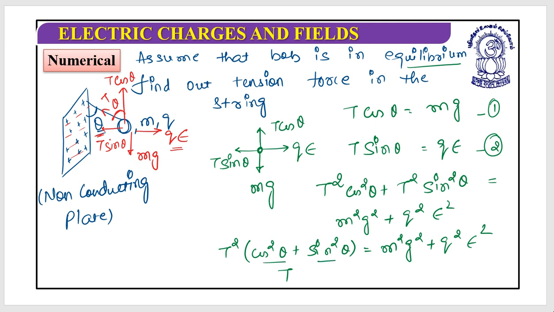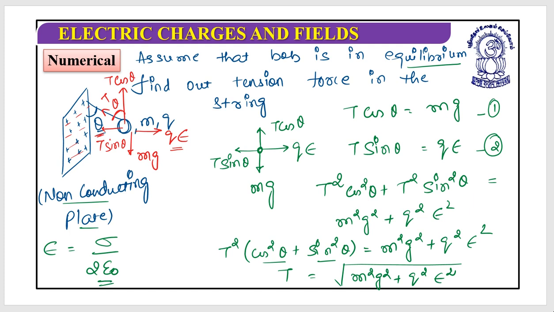Because you know that cos square theta plus sin square theta is 1, T should be the square root of m square g square plus q square E square. But one very important thing, what is E? What is the electric field? This is a non-conducting plate, so I need to replace this E with the help of sigma by 2 epsilon naught. E is equal to sigma by 2 epsilon naught.